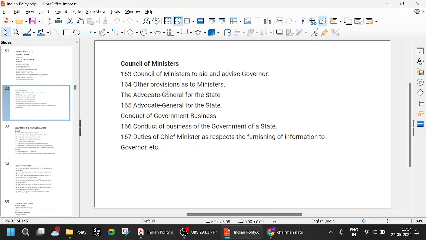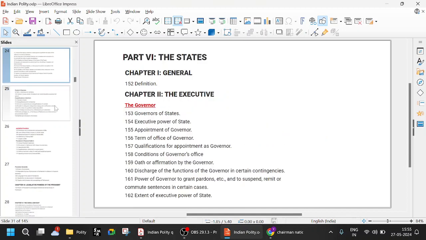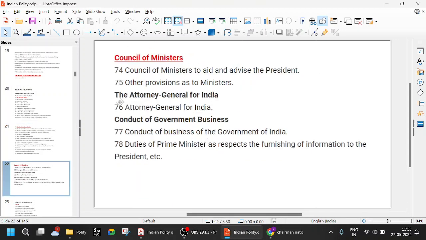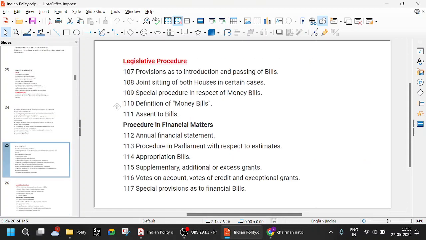Advocate general for the state is 165. Then attorney general: from 52 president, attorney general is 76. Remember this. Attorney General is for the central, Article 76.